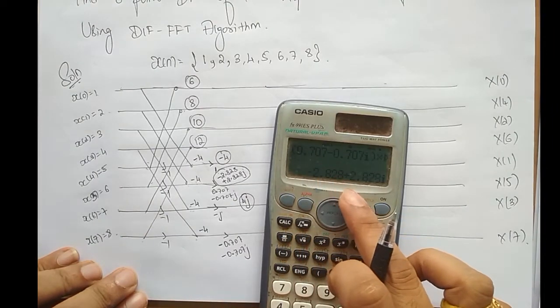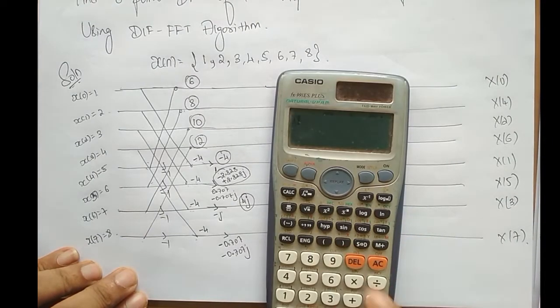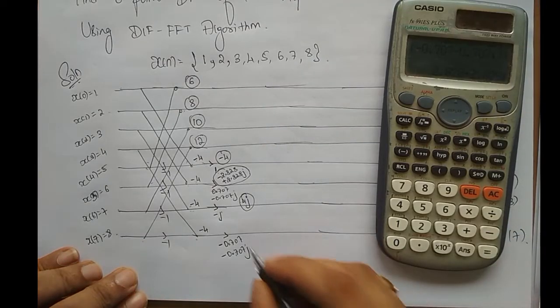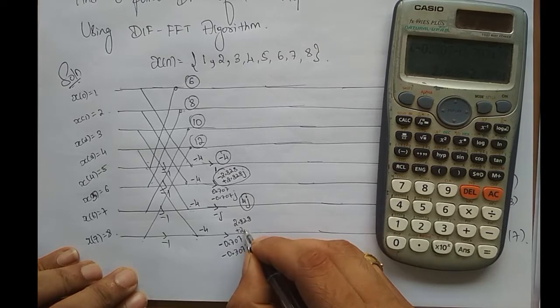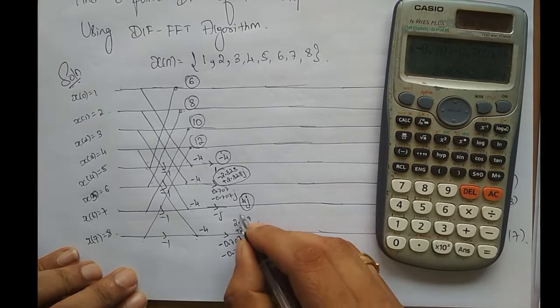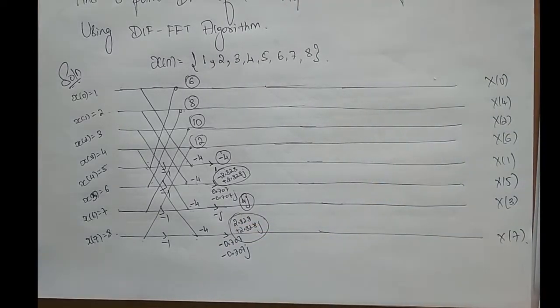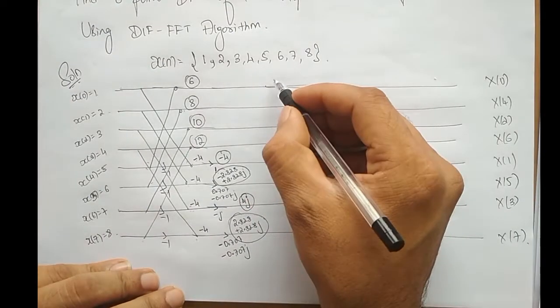Minus 0.707 minus 0.707j. This is multiplied with -4. So what we get here is 2.828 plus 2.828j. Okay, so these are the first stage output.